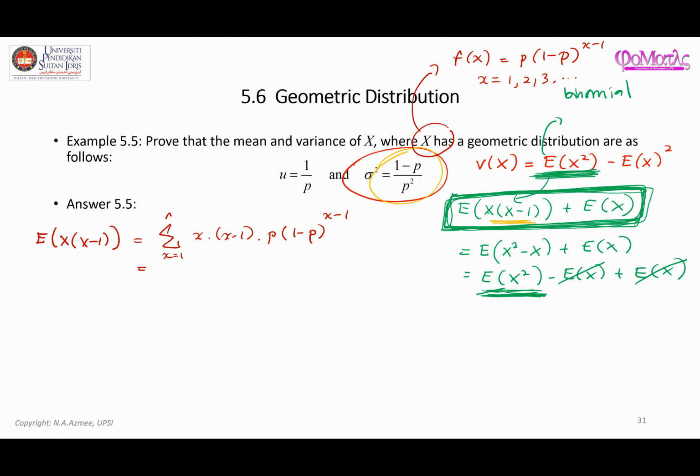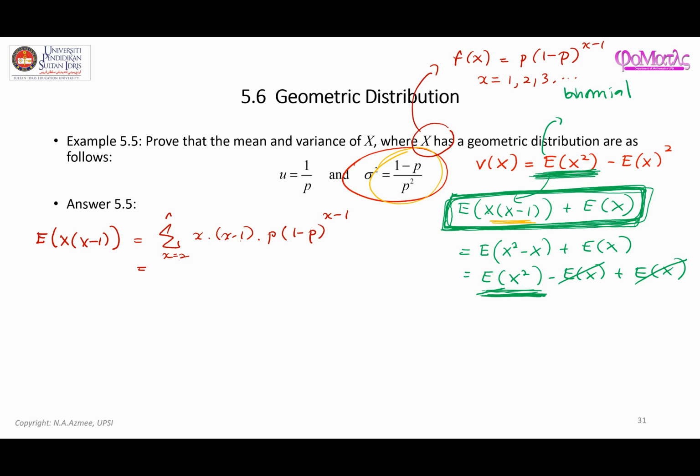Now, we can see clearly that if x is equal to 1, this term here is going to be 0. I mean, the whole thing here is going to be 0. Therefore, we can actually say that x can begin from 2. So when x begins from 2, then we have some result. For example, 2 times 1 times p, blah, blah, blah. So we have a result instead of just 0.